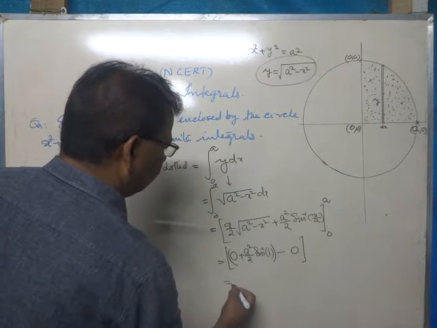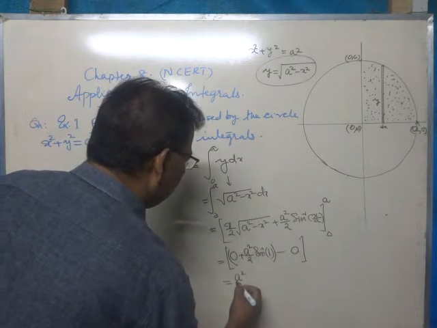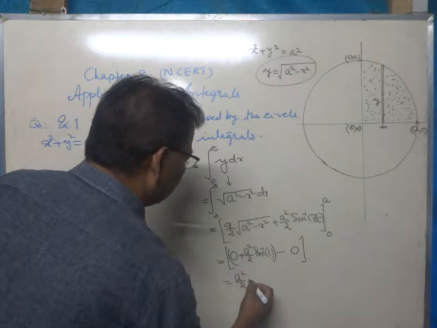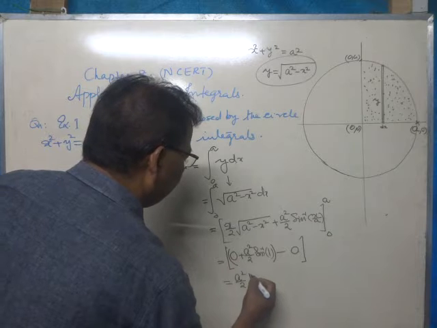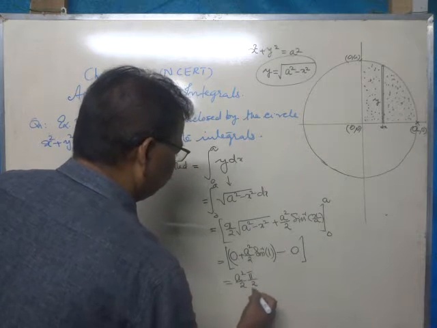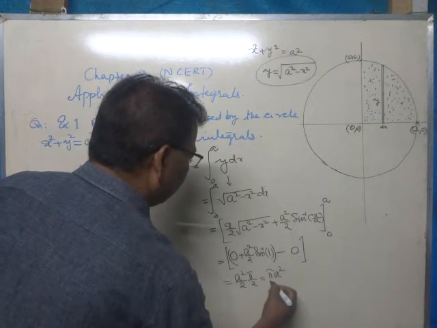That is equal to a square by 2 sin inverse 1, which is equal to pi by 2. That's equal to pi a square by 4.